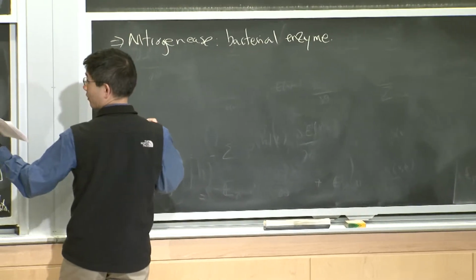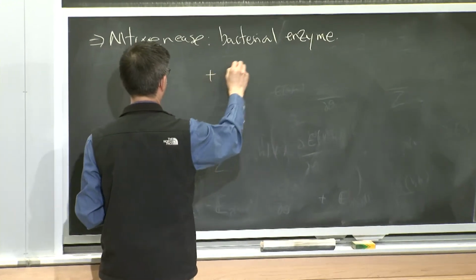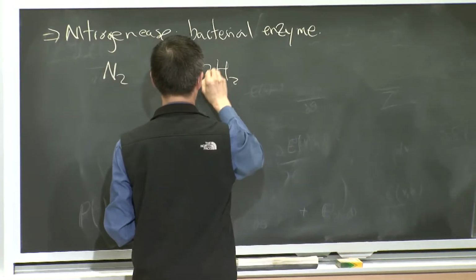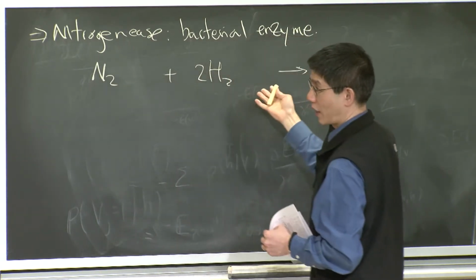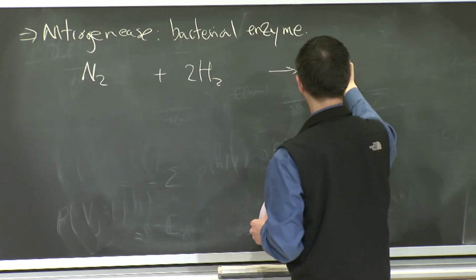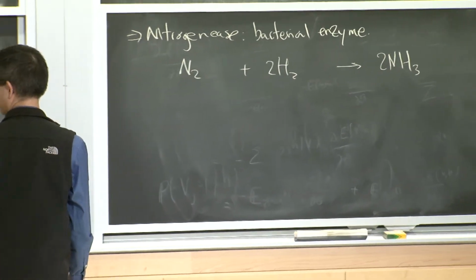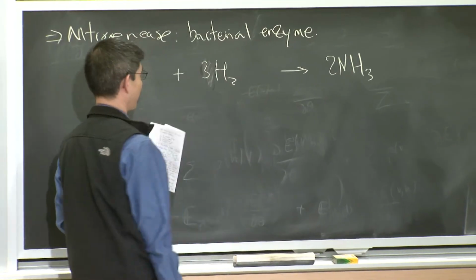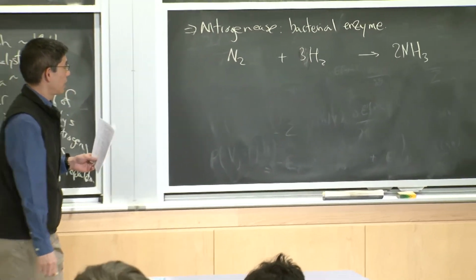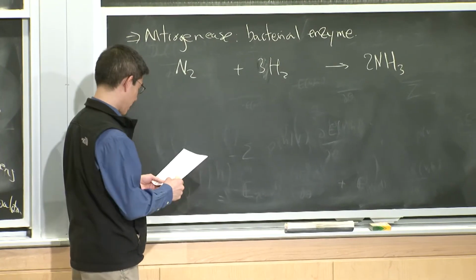The actual reaction, which I wrote over there, involves much more than just nitrogen and two molecules of water or hydrogen coming in to give you... let's balance our reaction over here. There are many other things that are happening inside these processes.